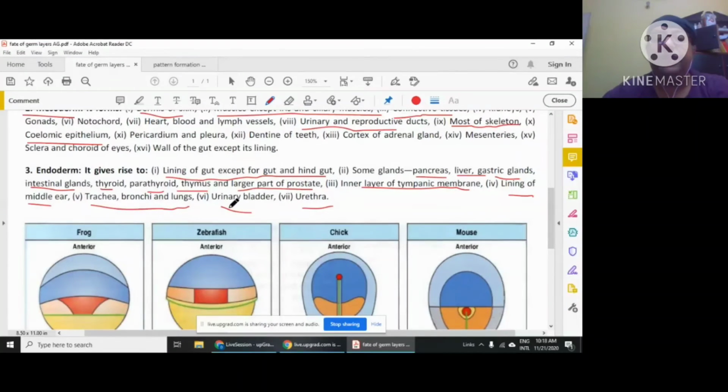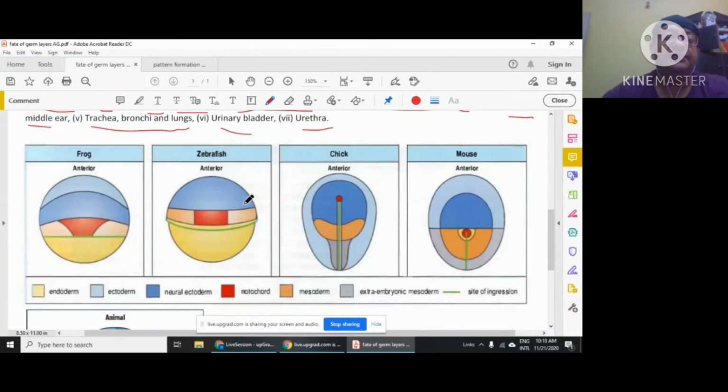Now, if you have a look at this picture, in a frog, you can see the endodermal layer, which forms the notochord, and the extra-embryonic mesoderm. In a frog, this yellow layer is the endodermal layer, and this blue color on the top is the ectoderm. Then you have the neural ectoderm, the ones which make your nerves.